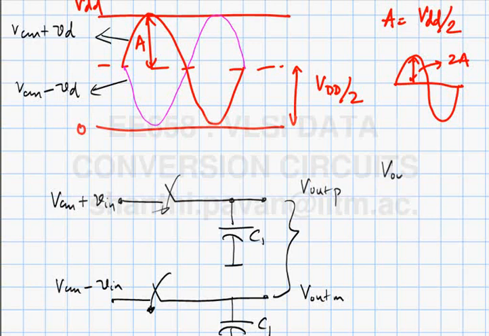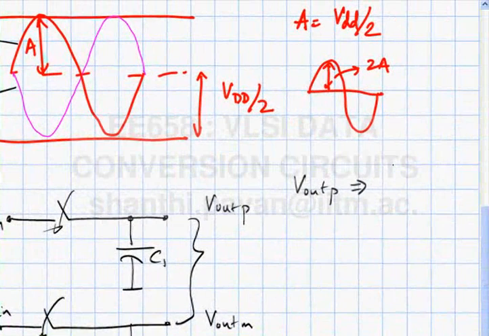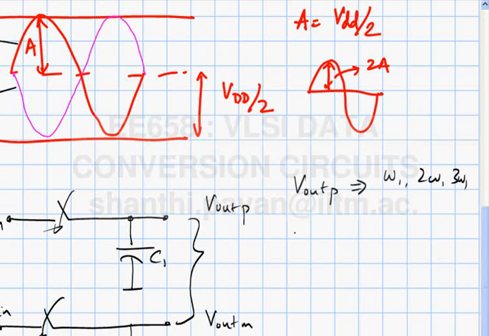In general, as we saw, the switch is not really ideal. So V out plus will have what all components? V out plus will have components at omega 1, 2 omega 1, 3 omega 1 and so on. What about V out minus? It will also have components at omega 1, 2 omega 1 and 3 omega 1 and so on.